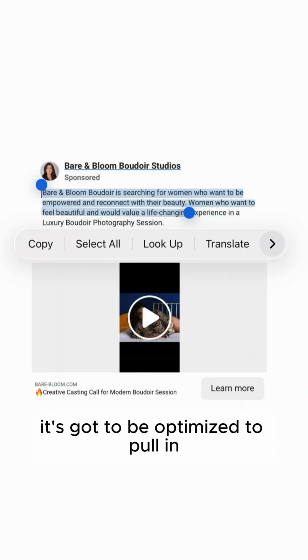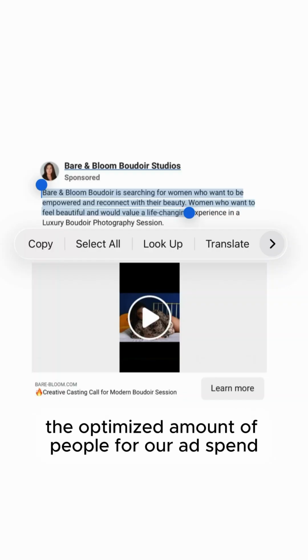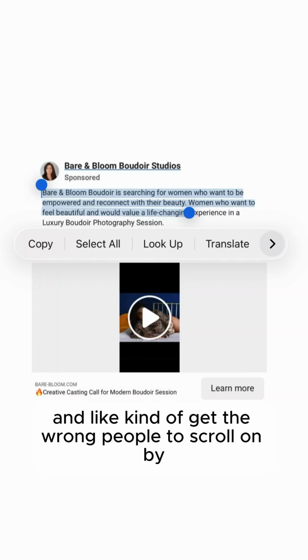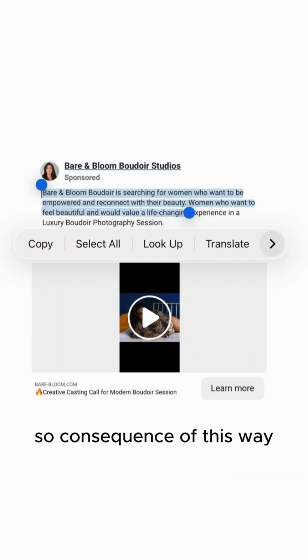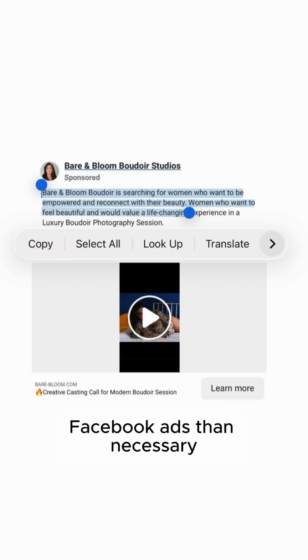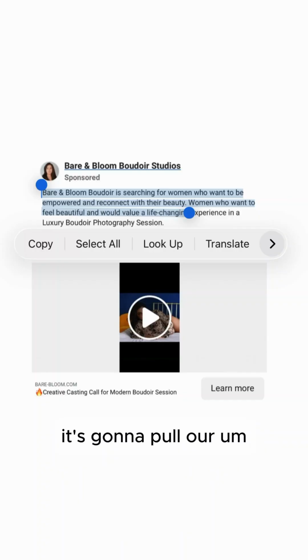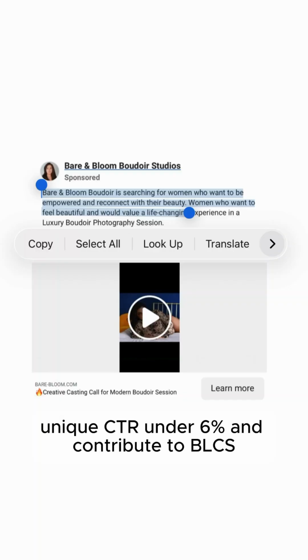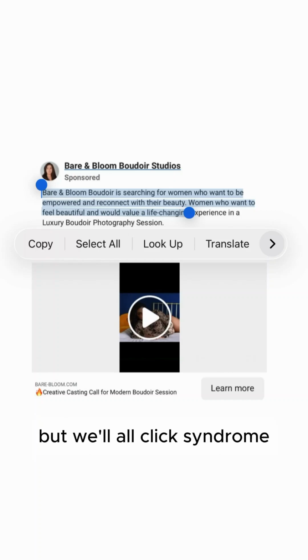It's got to be optimized to pull in the optimized amount of people for our ad spend and kind of get the wrong people to scroll on by. So the consequence of this: way more people are going to be scrolling by our Boudoir Facebook ads than necessary. It's going to pull our unique CTR under 6% and contribute to BLCS, Boudoir low click syndrome.